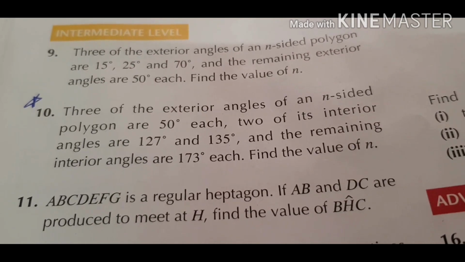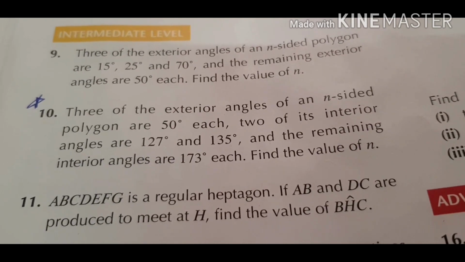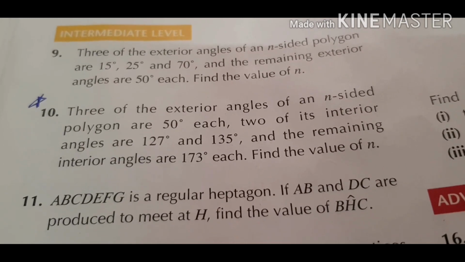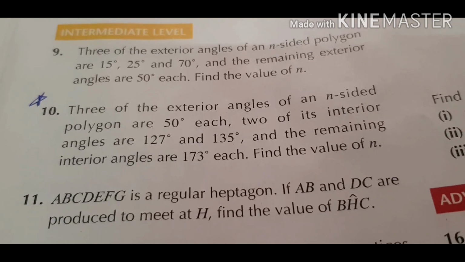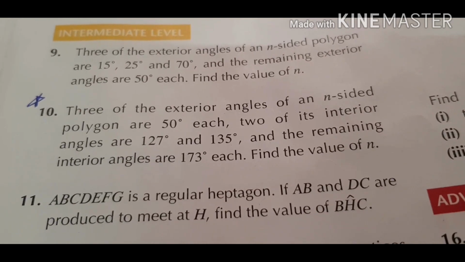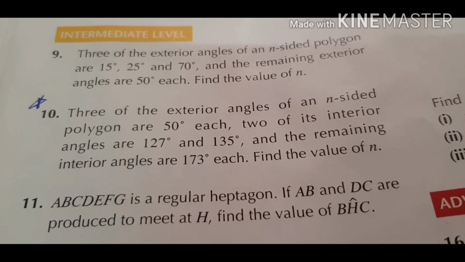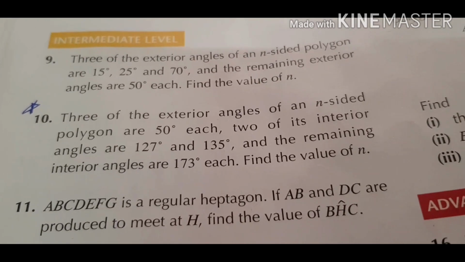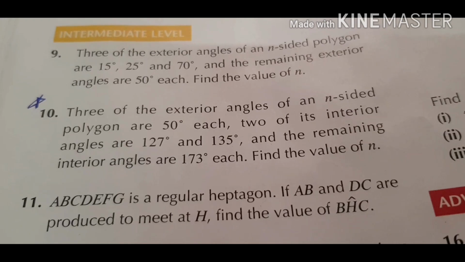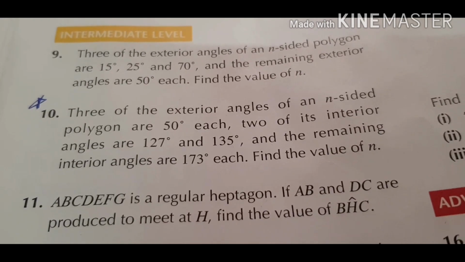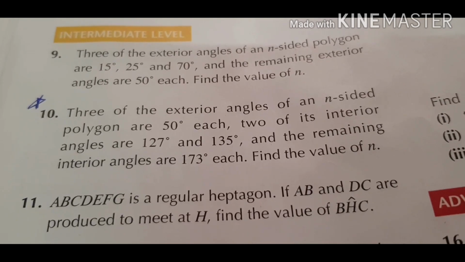So three exterior angles were 50 each, then there were two interior angles, and in the last part the question says the remaining interior angles are 173 degrees each. Find the value of n. This is the confusing part: first they're talking about exterior angles, and then in the next two parts they're talking about interior angles.